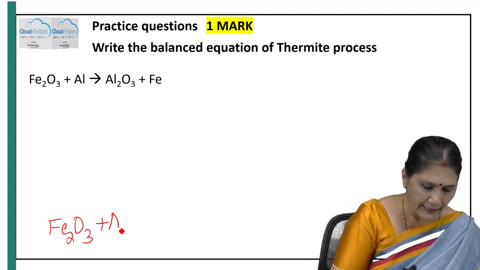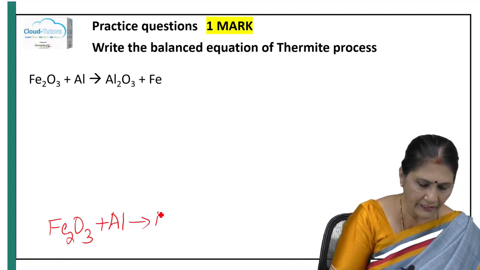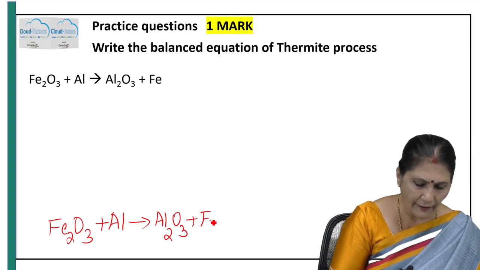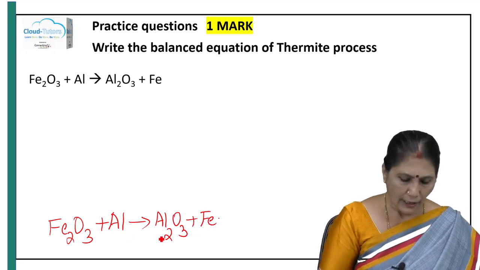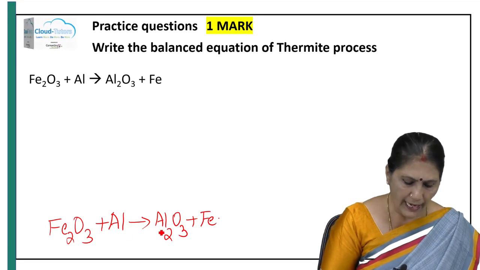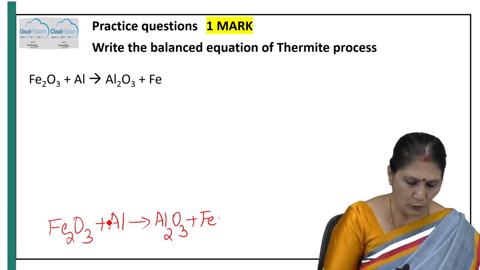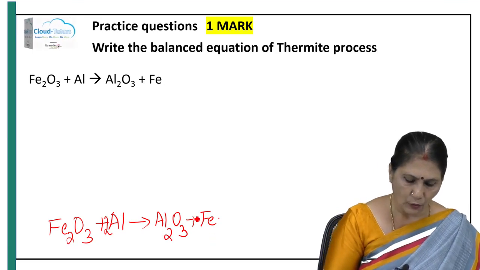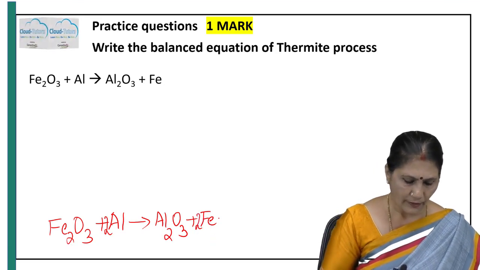Fe2O3 plus Al gives Al2O3 plus Fe. Now, how many atoms of aluminium are here? 2. So, can I write here 2? Iron is 2. Can I write here 2?